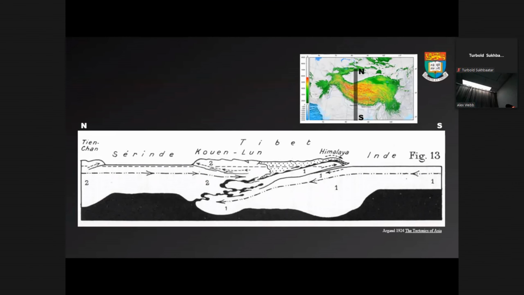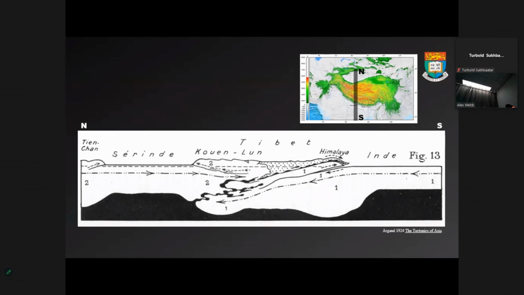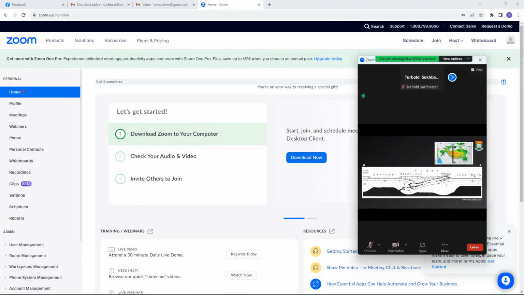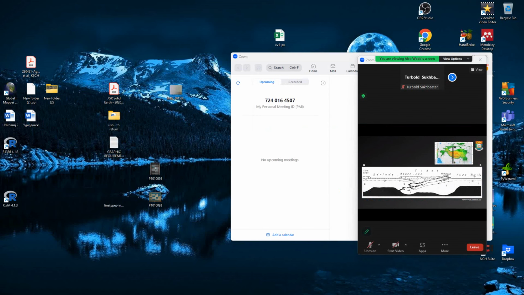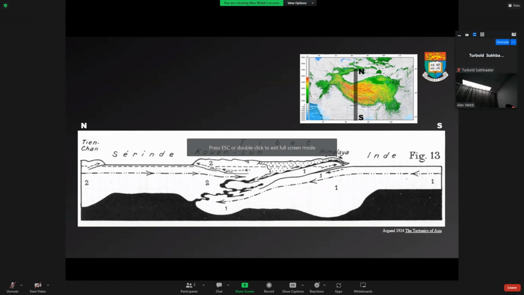So the earliest thought of any real major tectonic significance for India-Asia collision is from the great Swiss geologist Emile Argand a century ago, who recognized that India is underthrusting beneath the Himalaya, beneath Tibet, and then there's far field effects in Tian Shan and all the way up to here, although he didn't get all the way up to here at that time.